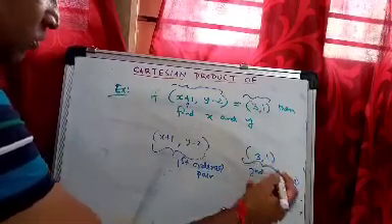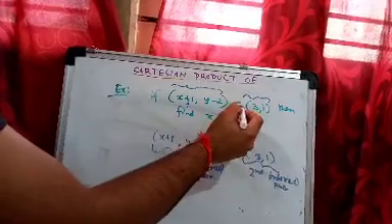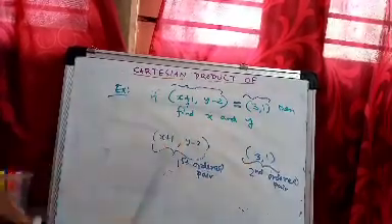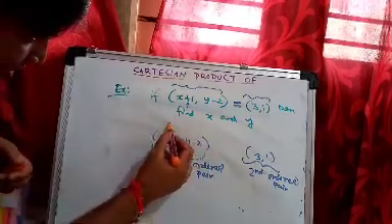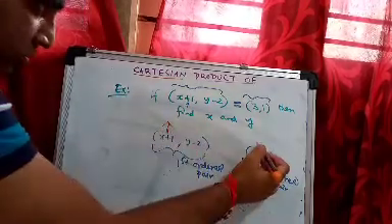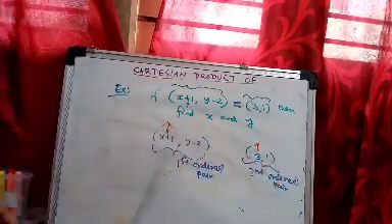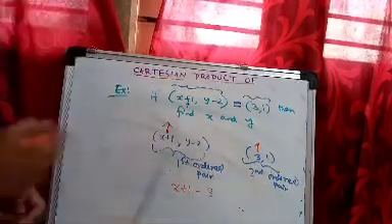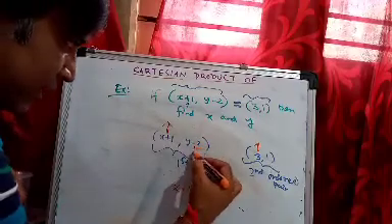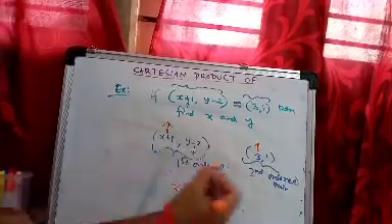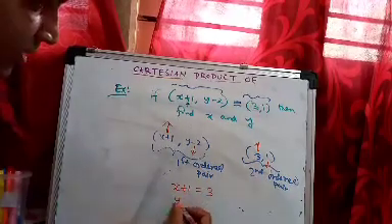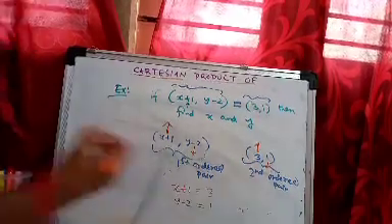These two are equal. When two ordered pairs are equal, the first element of the first ordered pair is equal to the first element of the second, so x plus 1 equals 3. Similarly, the second element of the first is equal to the second element of the second, so y minus 2 equals 1.